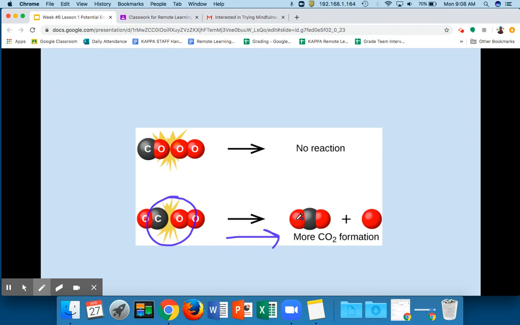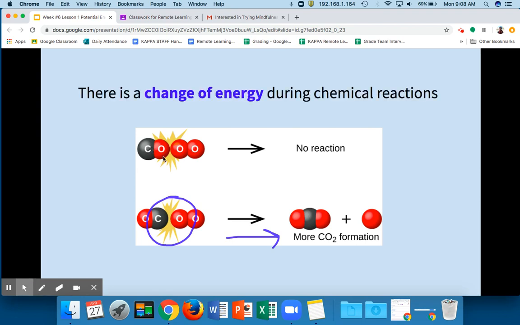How do we know this is a chemical change? That's because new products are being formed and atoms are being rearranged. So, whenever there's a chemical change, there's also a change in energy. So, that's what we're going to look at today, the change of energy during a chemical reaction.